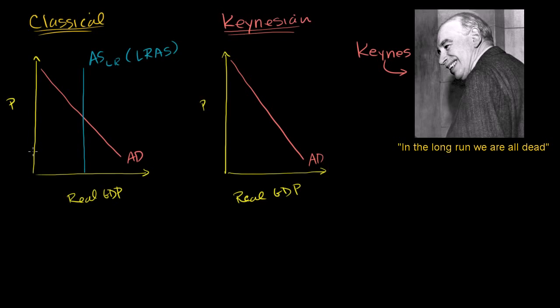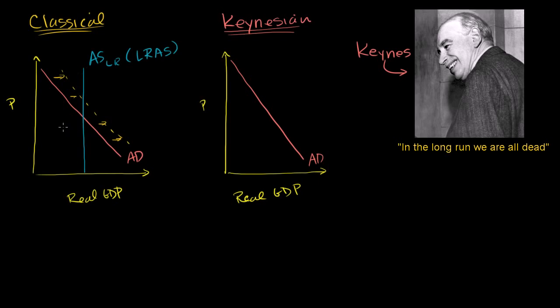So money is a way of facilitating the transactions, but the economy, in theory, based on how many people it has, what kind of technology it has, what kind of factories it has, what kind of natural resources it has, is just going to produce what it's going to produce. And if you were to just change aggregate demand, if the government, let's say, were to print money and just distribute it from helicopters, in this classical model you would have aggregate demand shift to the right, but you have this vertical long-run aggregate supply curve.